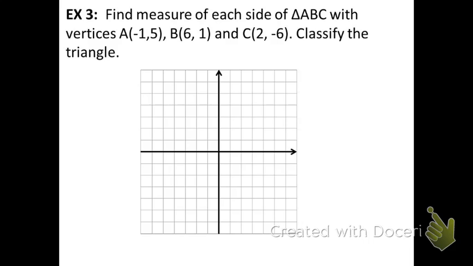In example 3, it wants you to classify this triangle by its sides, and I forgot to write that in the definition, so it's by its sides. First thing you're going to do is graph it.